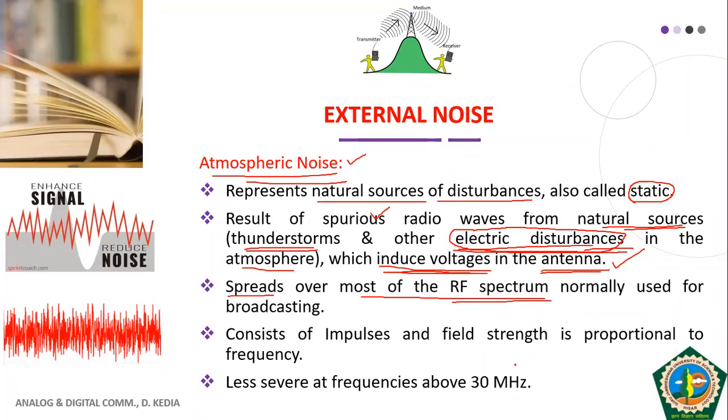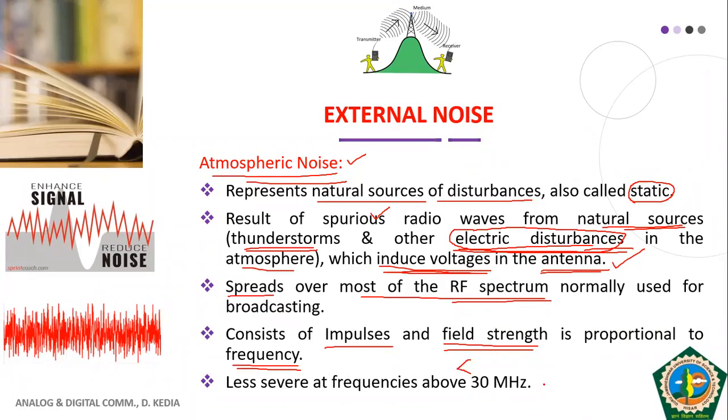Atmospheric noise is present in the form of impulses, and the field strength of these impulses is inversely proportional to the frequency. That means at lower frequencies, the field strength of atmospheric noise is much higher compared to high frequencies. That's why atmospheric noise is more prominent at frequencies less than 30 megahertz.